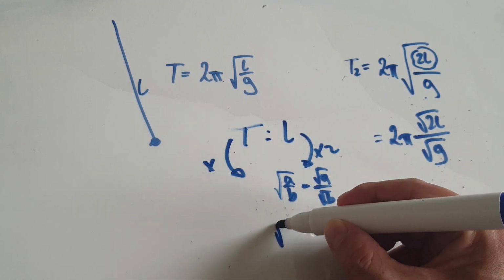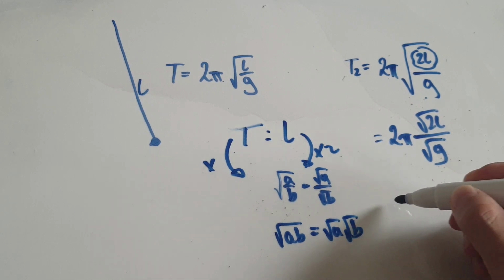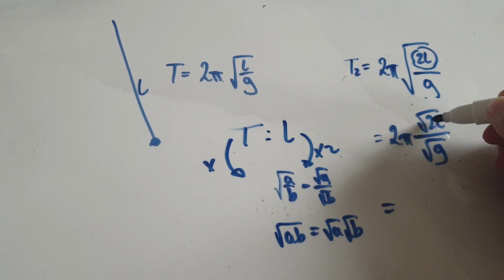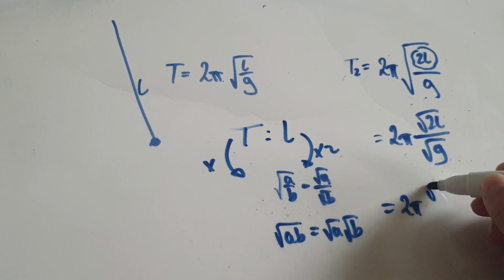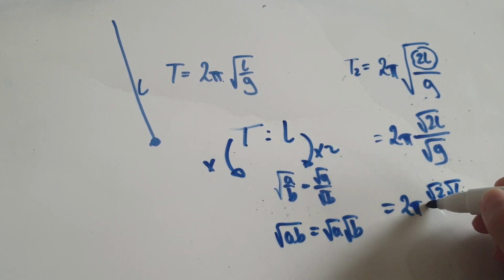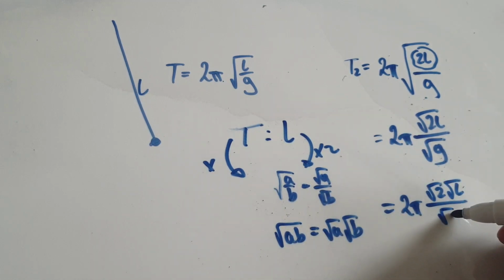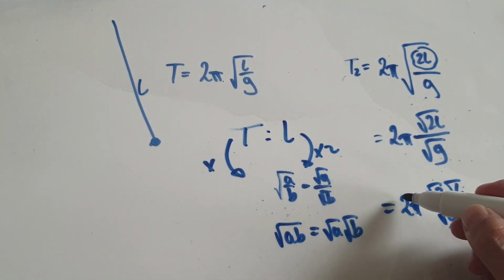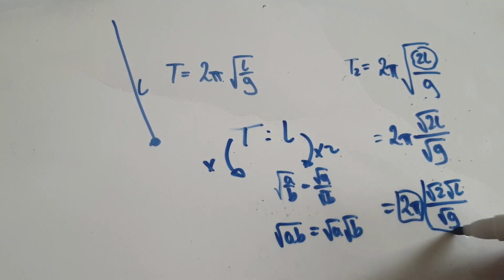Remember root ab is the same as root a times root b. So I'm going to break that up as one thing times another thing. So I can write 2 pi and then root 2 root L, because I can use this on 2L, over root g.